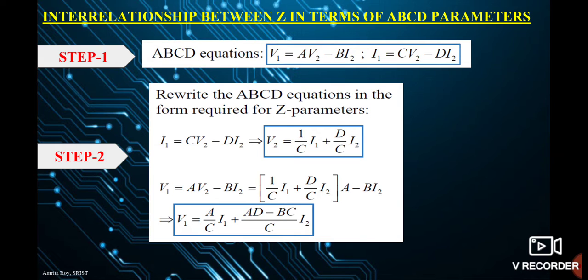That is, we are substituting the value of V2 in the V1 equation. If we substitute the value of V2 in the V1 equation, then we get V1 in terms of A, B, C and D. So the equation formed will be V1 equal to A by C into I1 plus AD minus BC by C into I2.